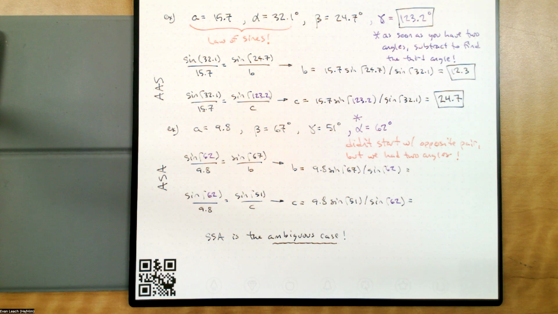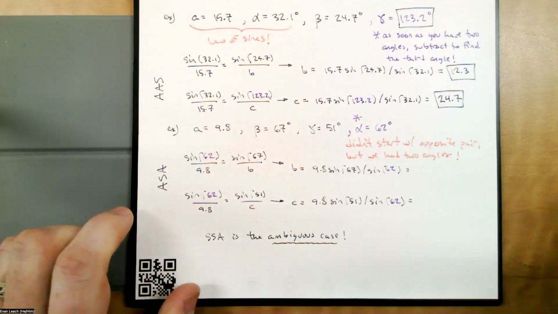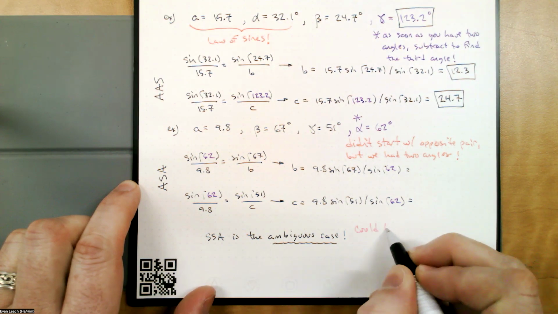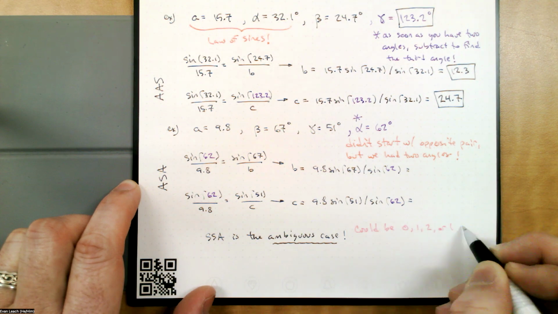So you definitely want to use the law of sines, but we're in what's called the ambiguous case of the law of sines. The reason this is called ambiguous is that we could end up with 0 triangles, 1 triangle, 2 triangles, or 1 triangle. That's the ambiguous part.